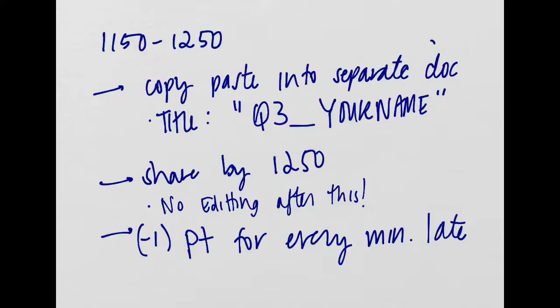It must be a Google Doc. You're going to title it Q3 and your name in all caps. You're going to share it back with me by 12:50. You will not edit it after 12:50, and for every minute that you submit it or reshare it with me late, or for every minute that I see you've edited it, you will get -1 point on your quiz.